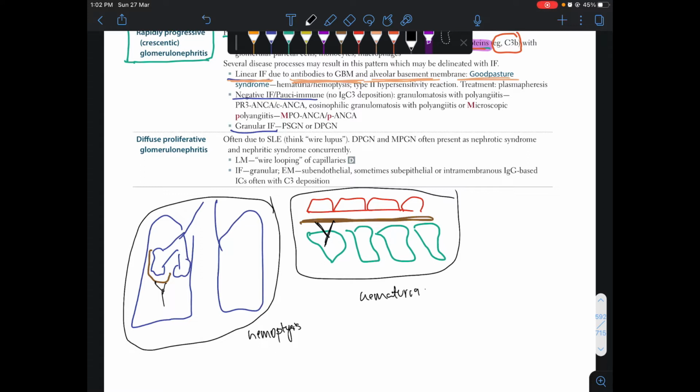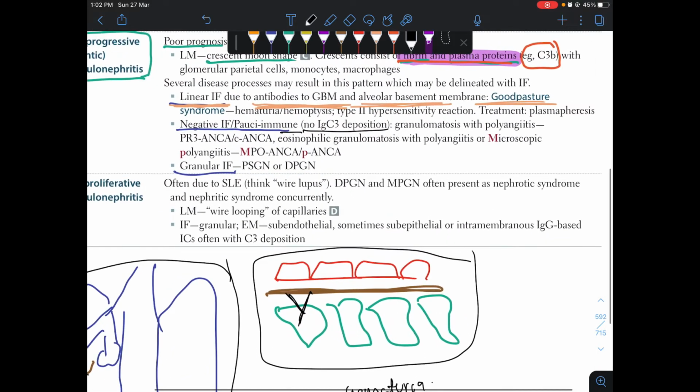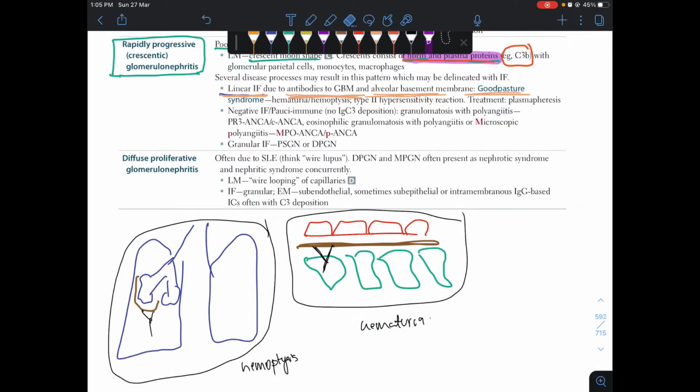And if there is negative immunofluorescence, it is also called pauci-immune, and there will be no IgG or C3 deposition. This is seen in granulomatosis with polyangiitis. Next, if in immunofluorescence we find granularity, that is granular immunofluorescence, it is seen in post-streptococcal glomerulonephritis.